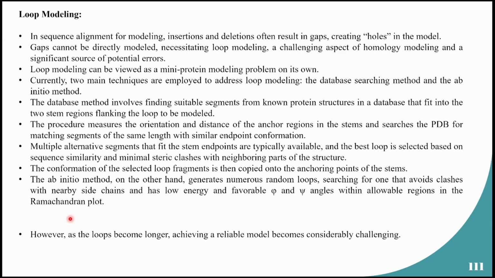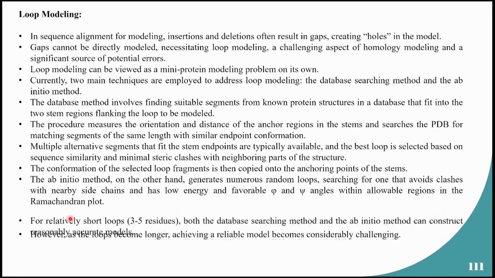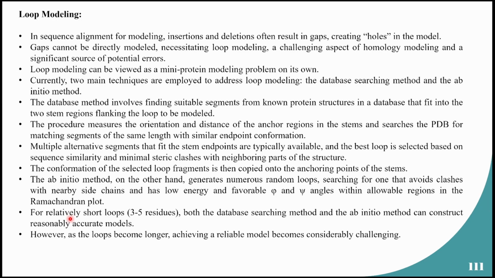Now, for the loop models, if there is, let's say, a gap present at a certain part, you can do this via ab initio calculations. You can sample the different torsion angles that are generated. You can then discard all of the unfavorable steric positions, and then you can get a model for the loop in that way.